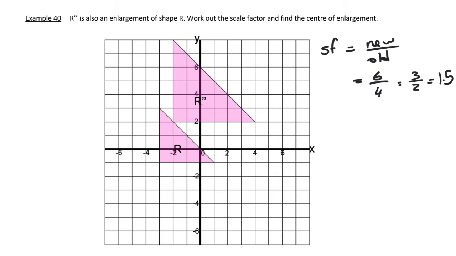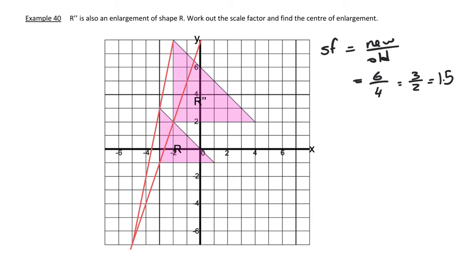To work out the centre of enlargement, we need to draw our construction lines and see where they all converge. So we join up corresponding points and see where they all meet. We've got our first construction line, which passes through the top of each triangle. And we've got our second construction line, which passes through the right angle in each triangle.